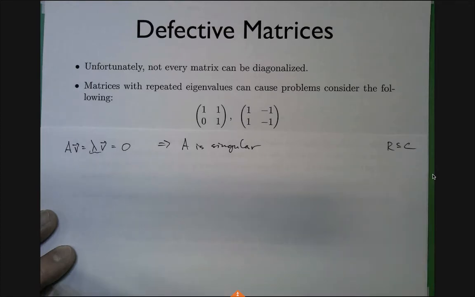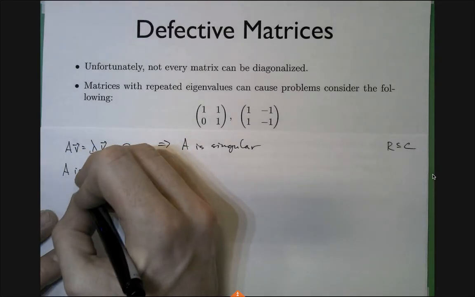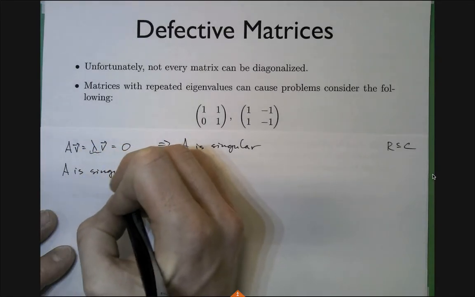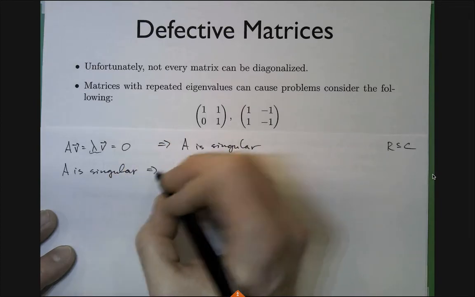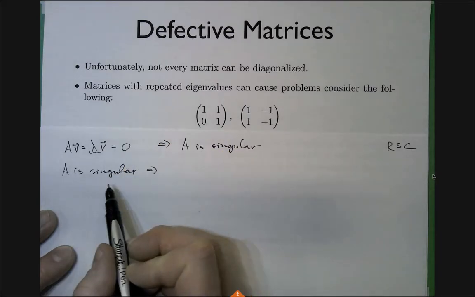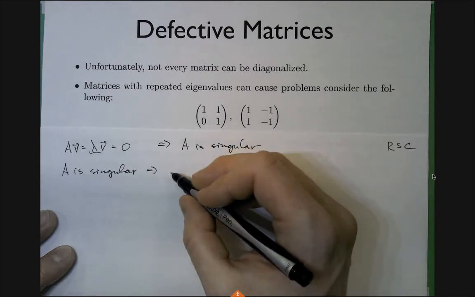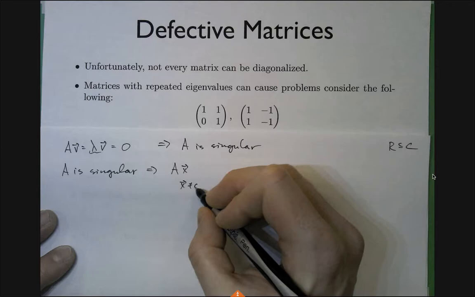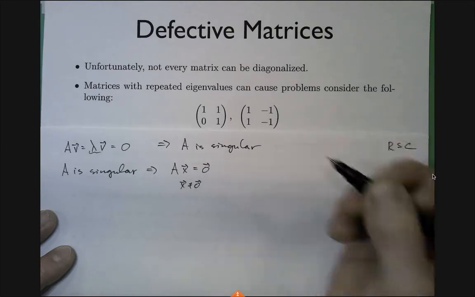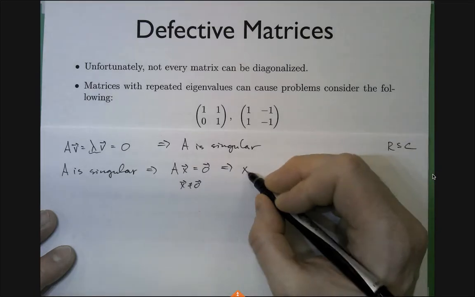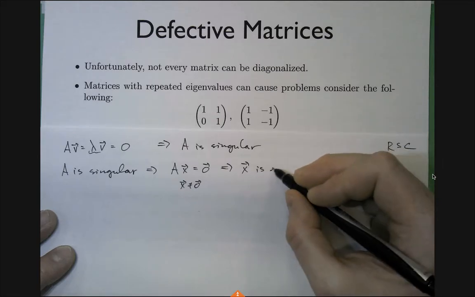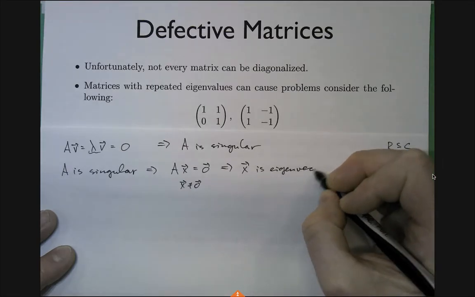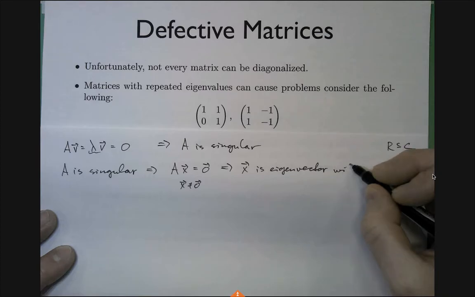I can also flip the argument. If the matrix is singular, then what does it mean? That means that I must have some non-trivial vector in the null space, let's call it x, such that x is non-zero. Then x is an eigenvector with eigenvalue 0.